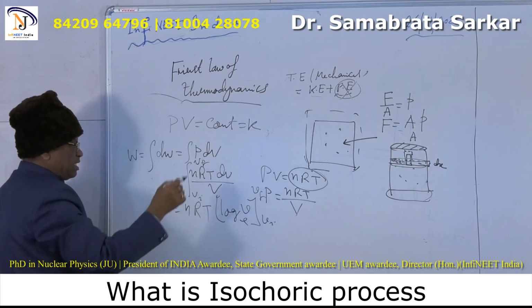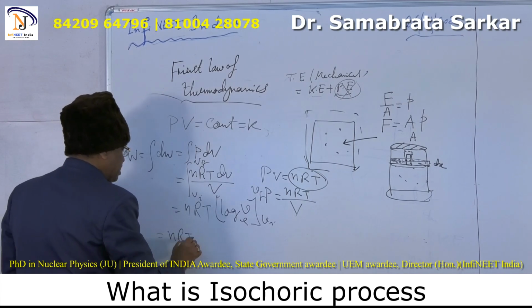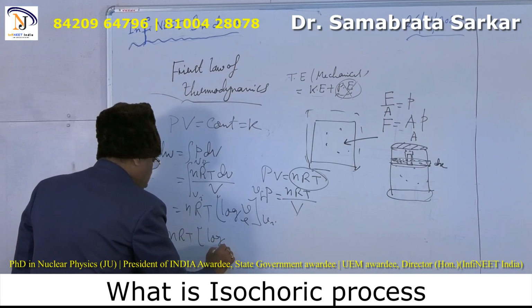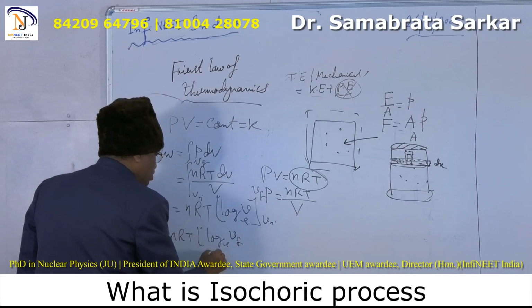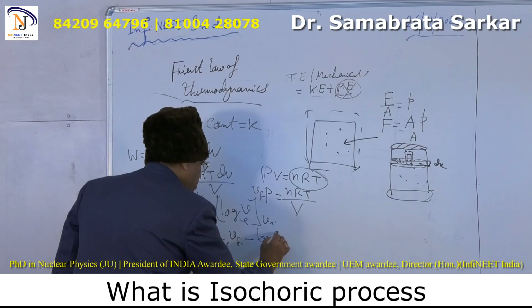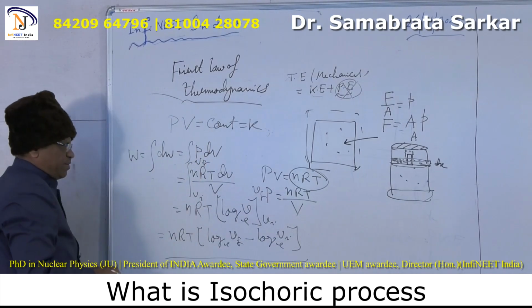So you can write nRT times (log Vf to the base e minus log Vi to the base e), and this is the relation.